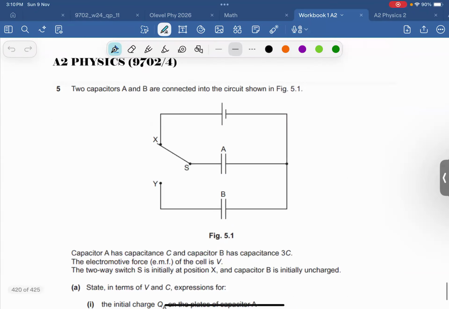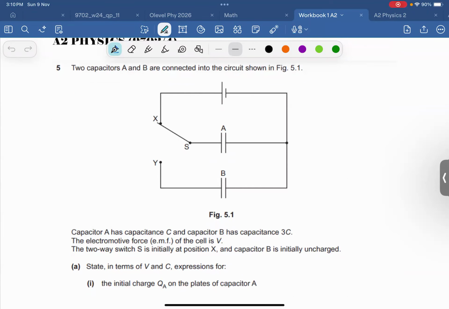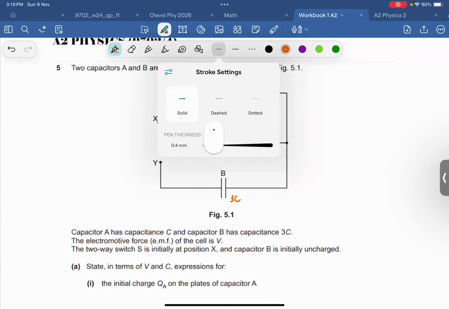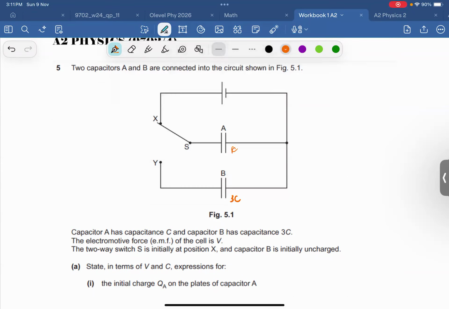I think that's going to be easy. So we can say that the capacitance here is 3C, and that is C. That is C and that is 3C, right?